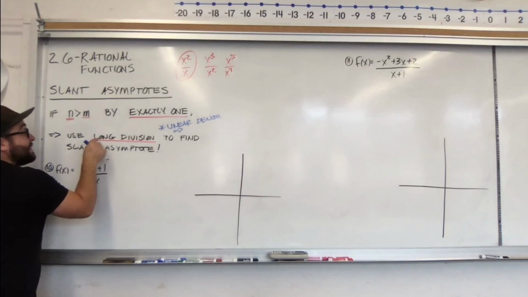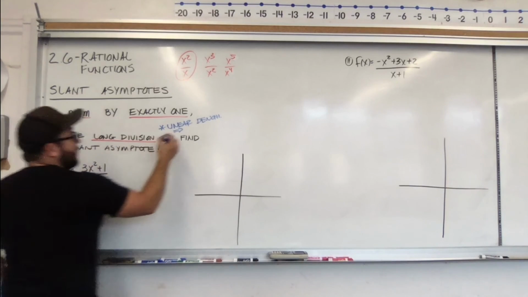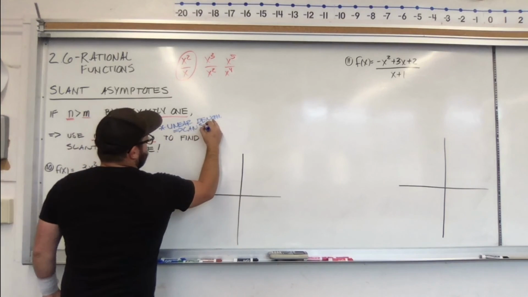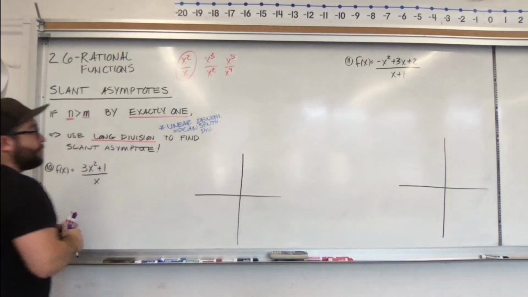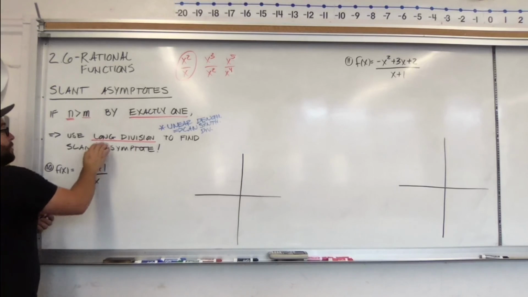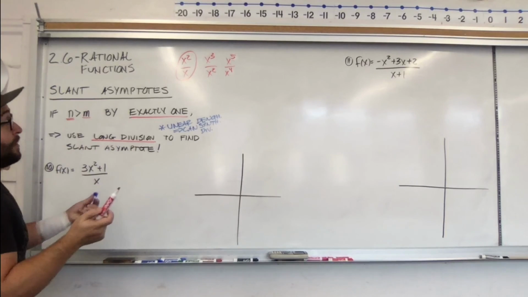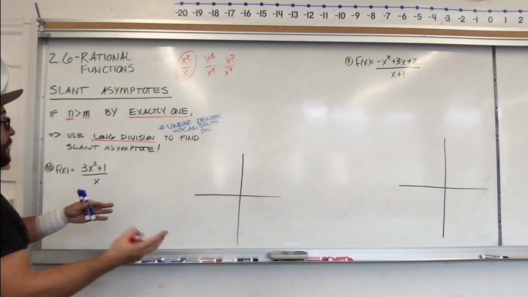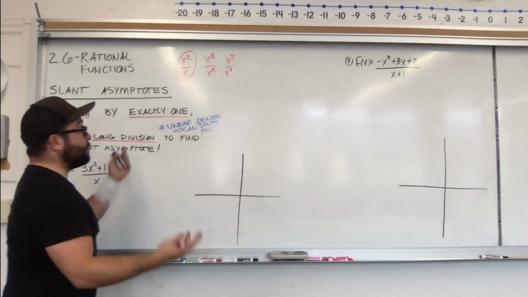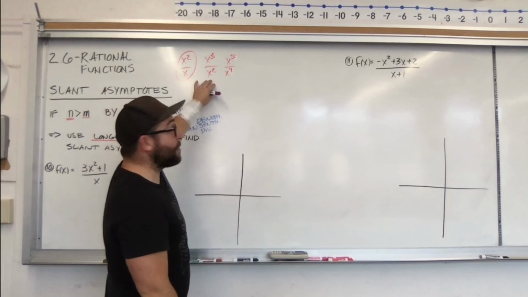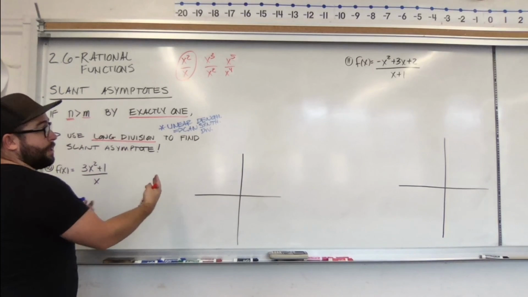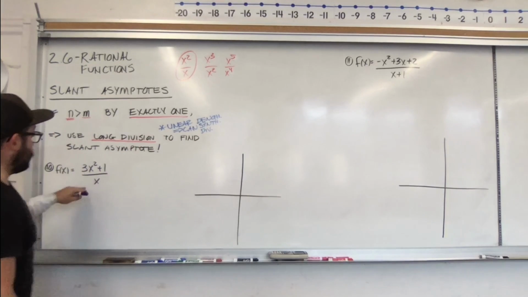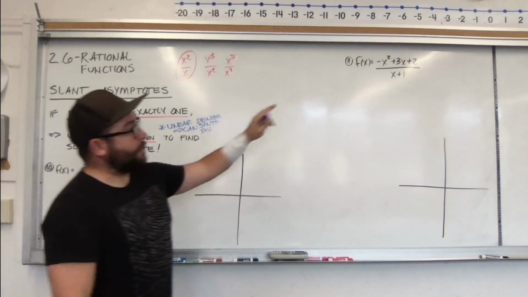We can actually skip using long division, and we can use synthetic. So it's safer to always use long division, but if it's a special case, and the 2 cases we have are not every case, we could have something where it's going to be squared on the bottom, and synthetic division is no good, but we can use synthetic on the 2 examples we have because our denominator is going to be x and x plus 1.